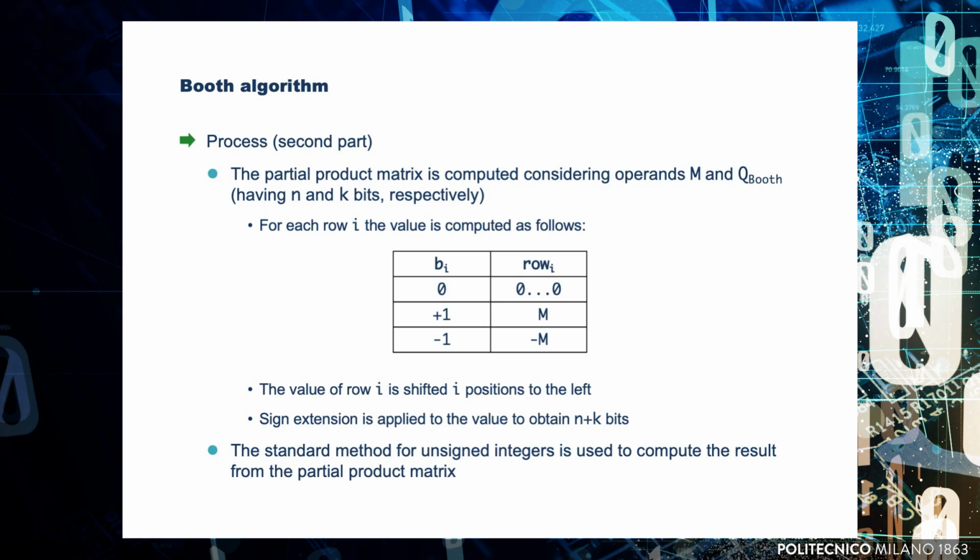Moreover, as usual, each row i is shifted to the left by i positions, and we apply 2's complement sign extension to the value of each row to obtain n plus k bits. Finally, the standard method for unsigned integers is used to compute the result from the partial product matrix.